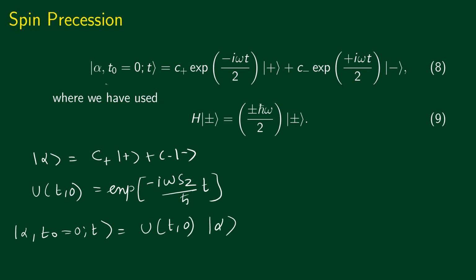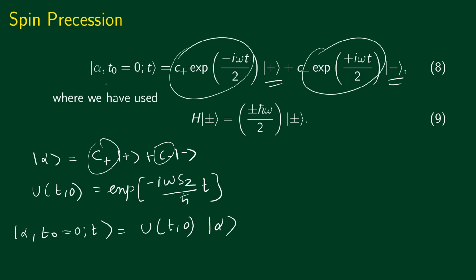We used the eigenvalue equation and we found the state at any later time as this expansion. We are expanding the state at the later time using the same basis ket plus and ket minus, and we see that the only thing that has happened is that the expansion coefficients have been modified. We have used the eigenvalue equation for the Hamiltonian.